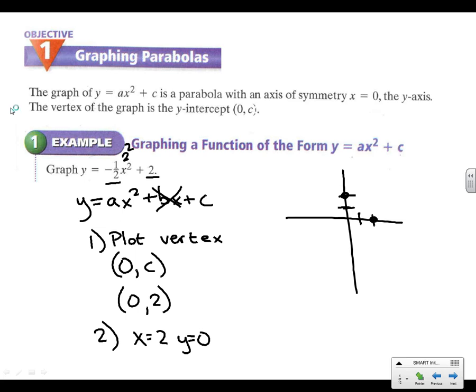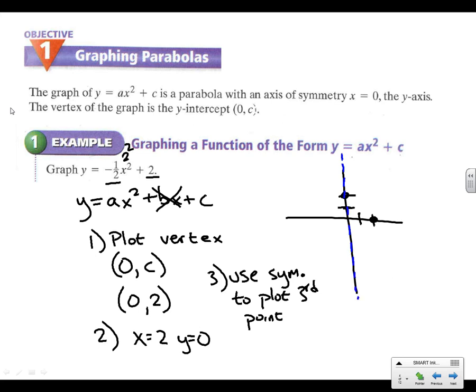And now here's the nice thing. Since I know a second point, I also know a third point. So step 3 is use symmetry to plot a third point. Here's what I mean by that. We know we have an axis of symmetry. We have, going through our vertex, a vertical line that's right in the middle.